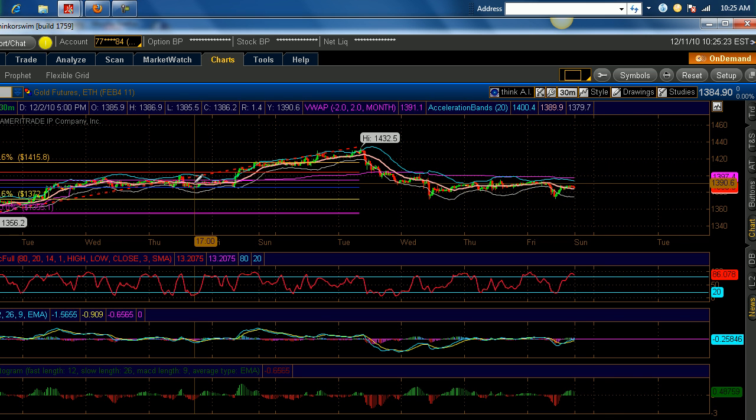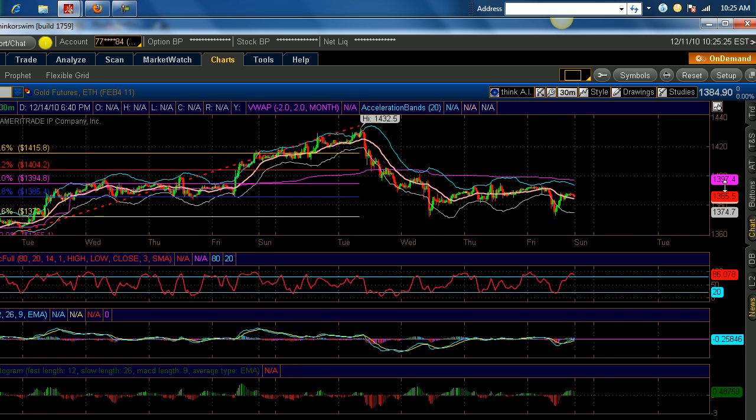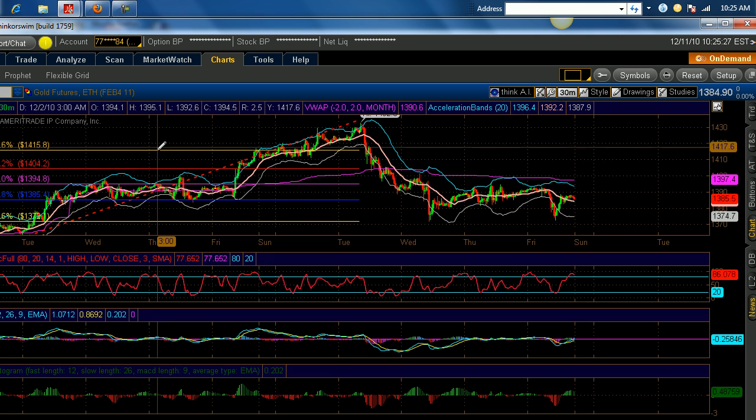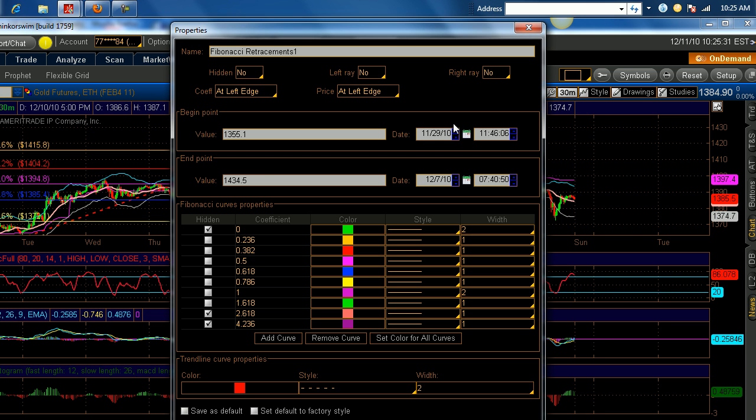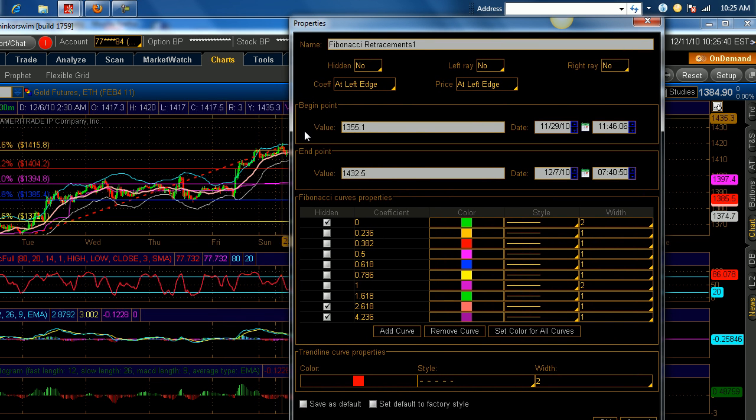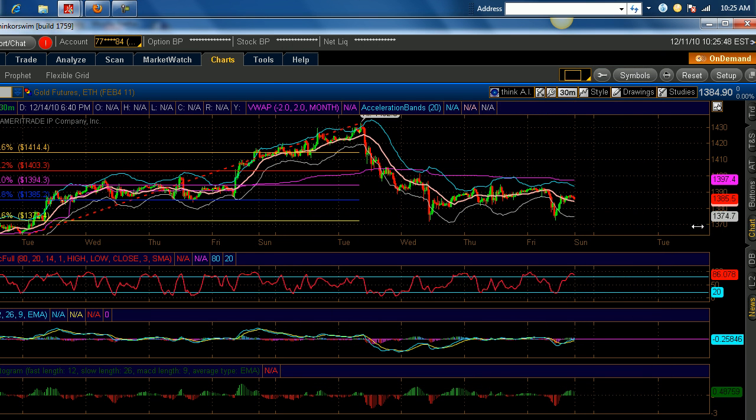Okay, so we're going to look at this, and then we're going to open this up, tighten this up a little bit, and we're going to base, what was our high? 1432.50, and the low was 1356. I don't have to check that again, but excuse me.